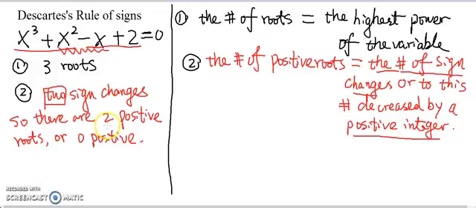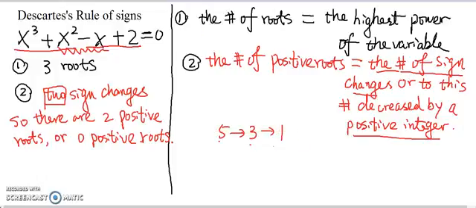The second will be 4, and if I decrease 2 by 4, I get negative 2, which is impossible because the number of roots won't be negative. So there are only 2 possibilities. But if there are, for example, 5 sign changes, then when you decrease it by 2, you get 3, and you decrease by 2, you get 1, and you cannot decrease it any further because you would get a negative. So then this equation will have 5 positive roots, or 3 positive roots, or 1 positive root. So that's what it means.